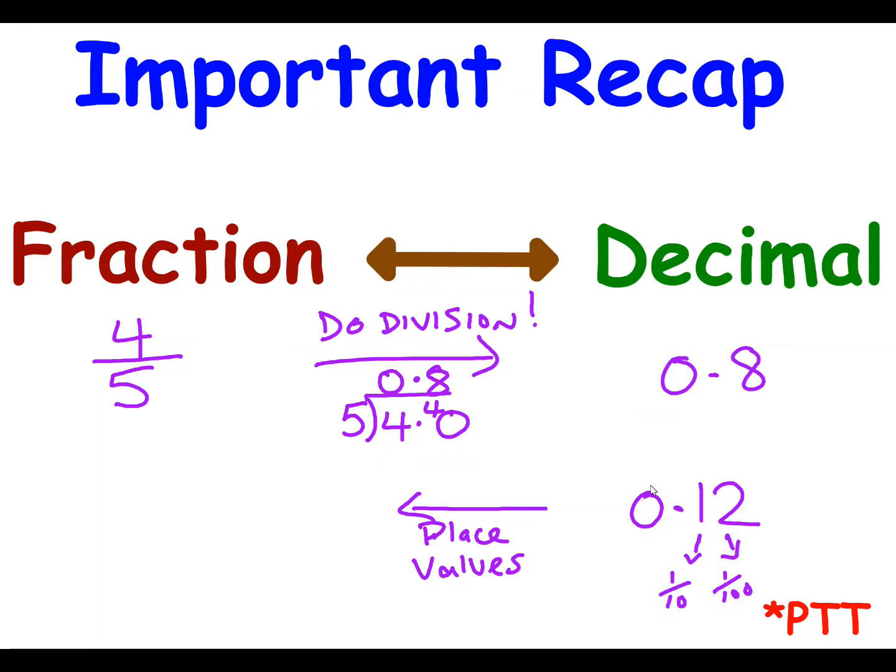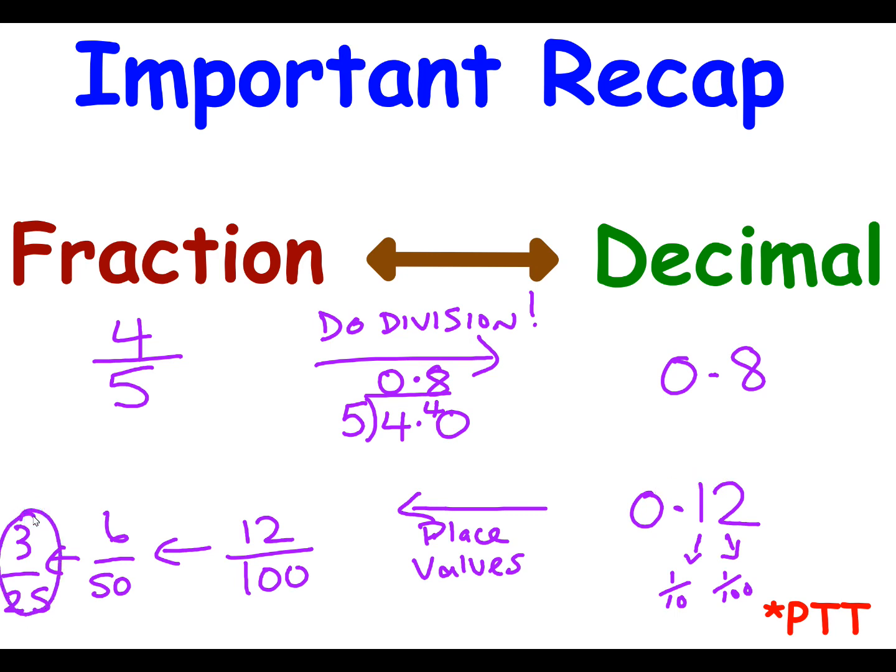So you need to be able to understand that the decimal 0.12 is the fraction 12 over 100. So that's tenths and hundredths. And in order to turn it into our fraction, which it already is, we just need to simplify. So we know 2 goes into both of them, so it's 6 over 50. And then we know 2 goes into both of those, so it's 3 over 25. So the decimal 0.12 means the fraction 3 over 25.